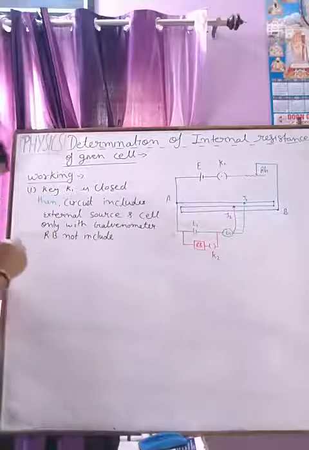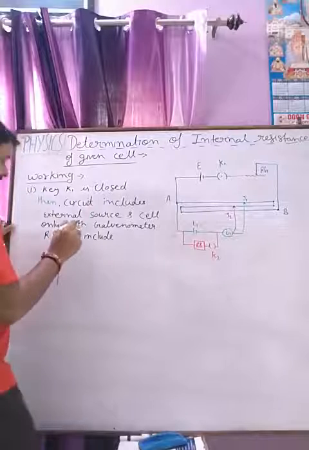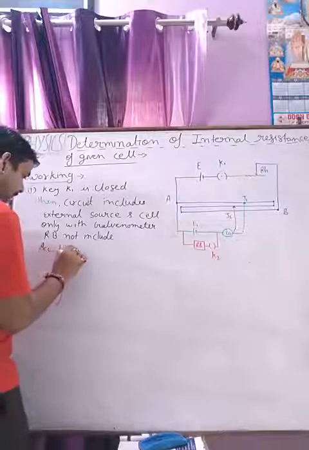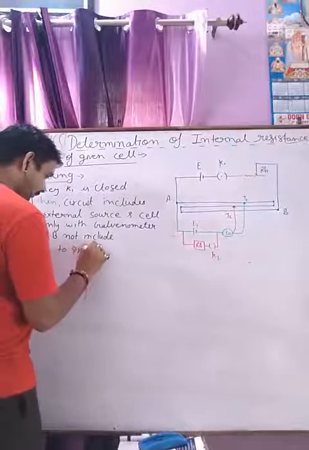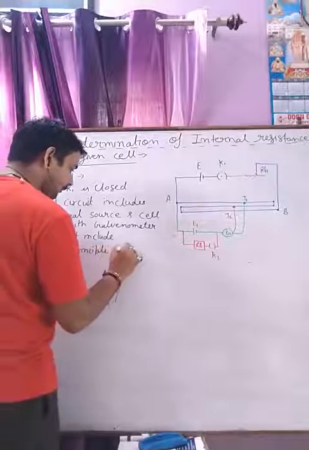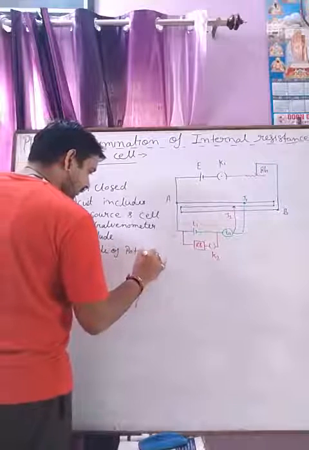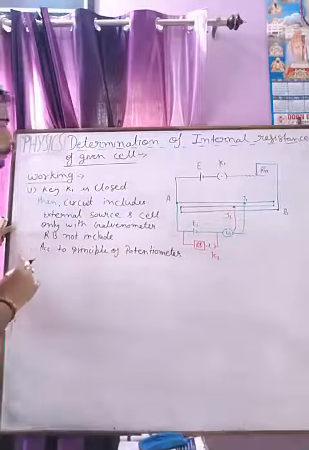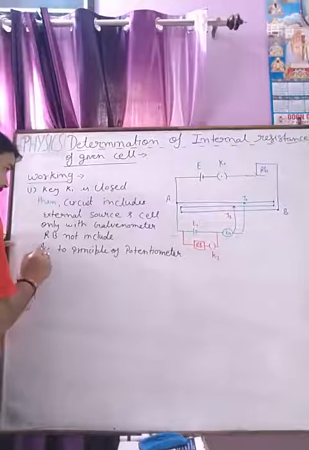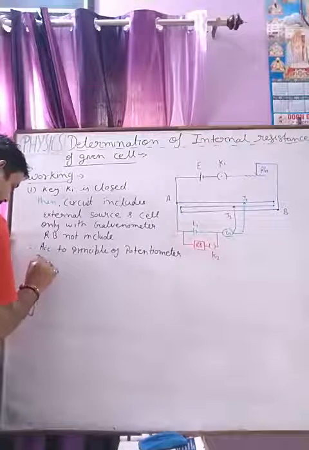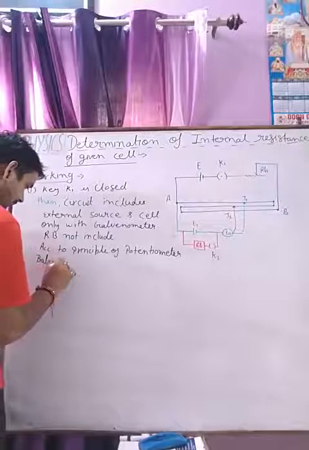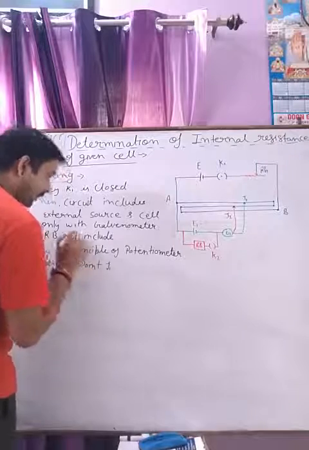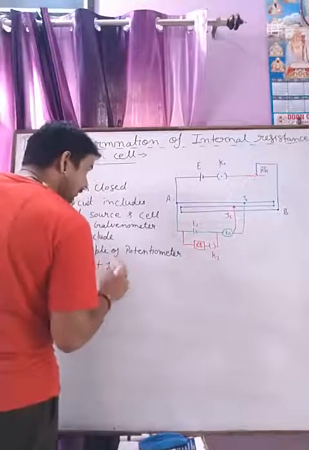Therefore, according to the principle of the potentiometer, the balancing point J1 is observed.